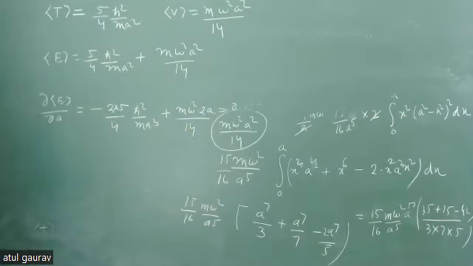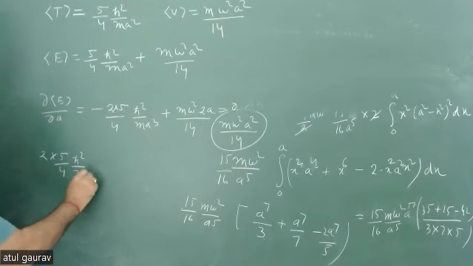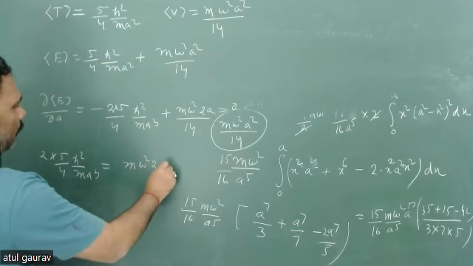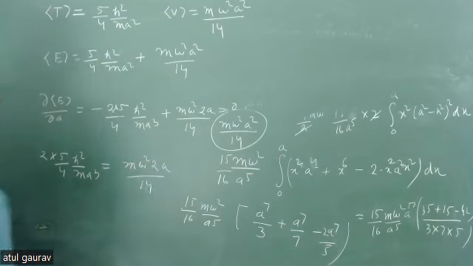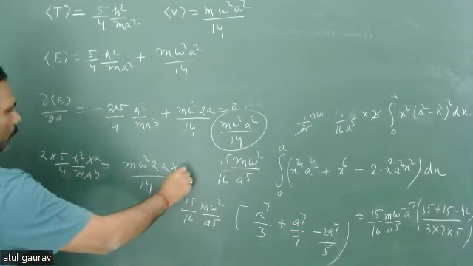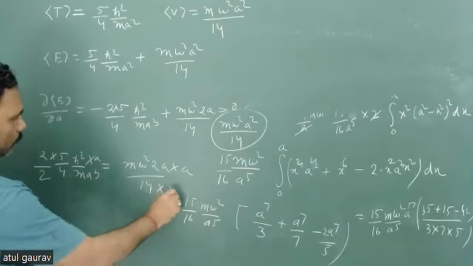So first we have to write kinetic energy in terms of potential energy. So we can write 2 into 5/4 h cut square upon m a cube must be equal to m omega square 2a by 14. So we have to multiply with a and divide with 2.